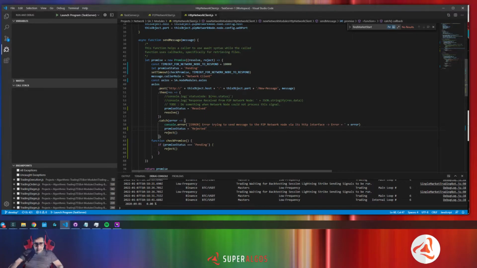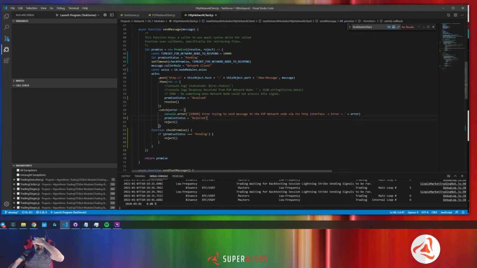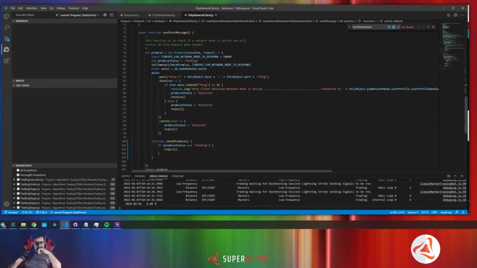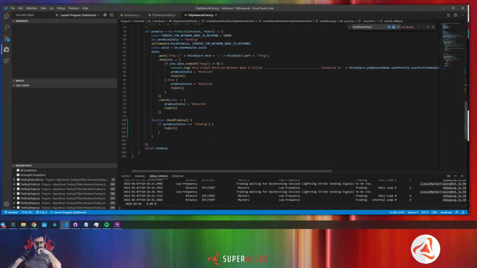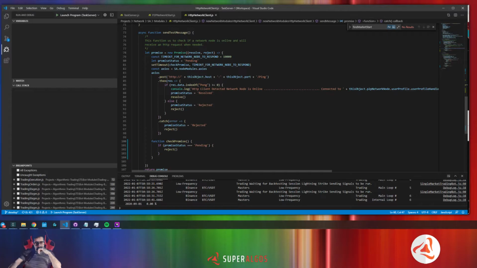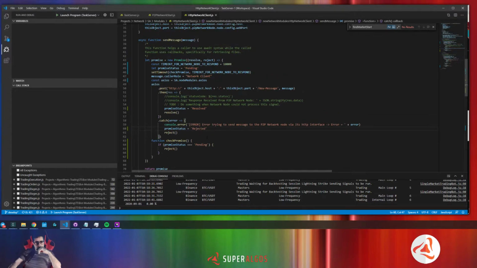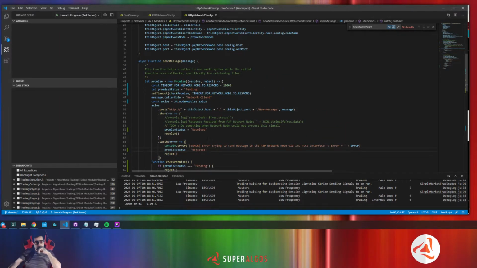Okay, in order to send the signals, there is a complicated mechanism that needs to happen.